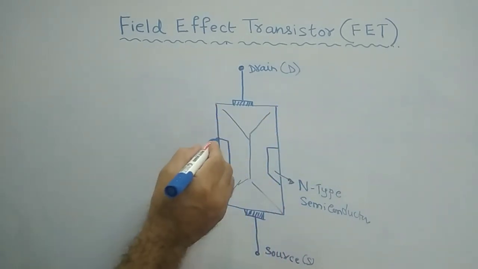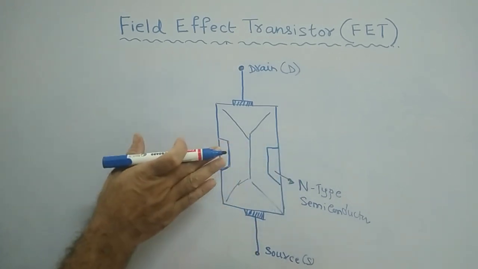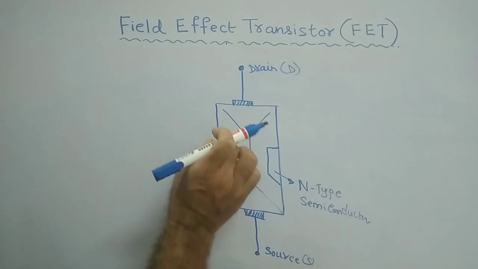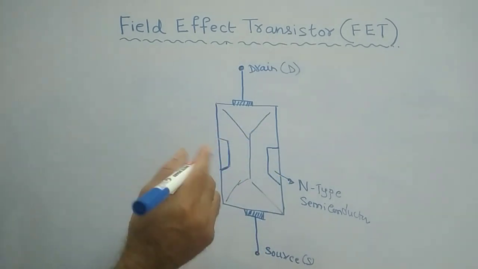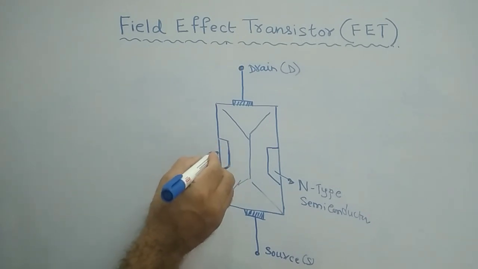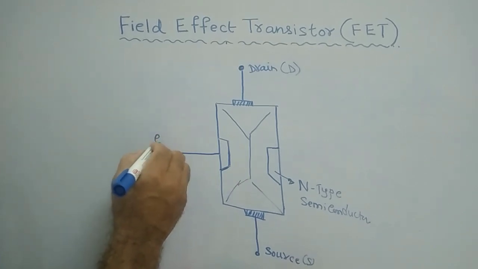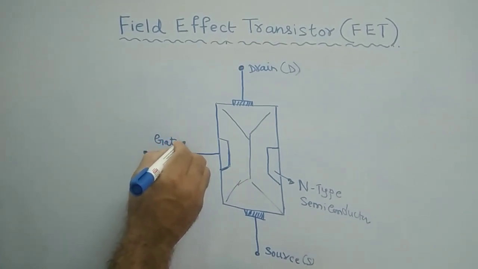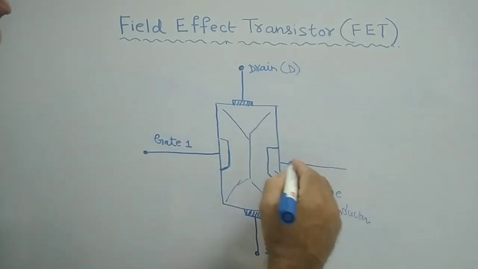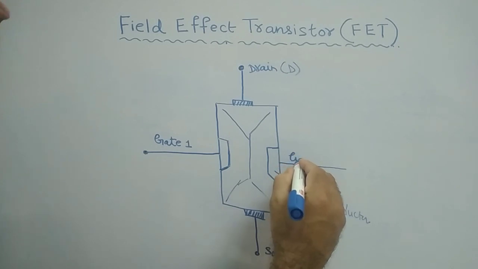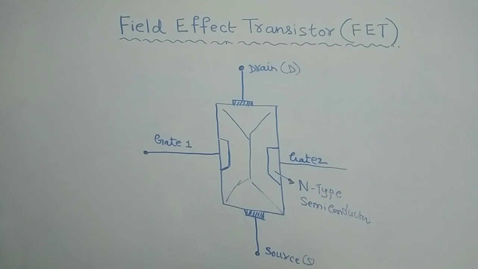Within a small area, on this side as well as on the right side, this portion is doped with p type material. From here one terminal is taken out, called gate 1, and similarly from the right side another terminal is taken out, called gate 2. In general, two gate terminals will be there.